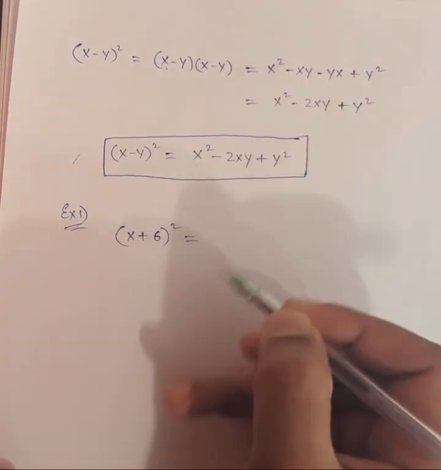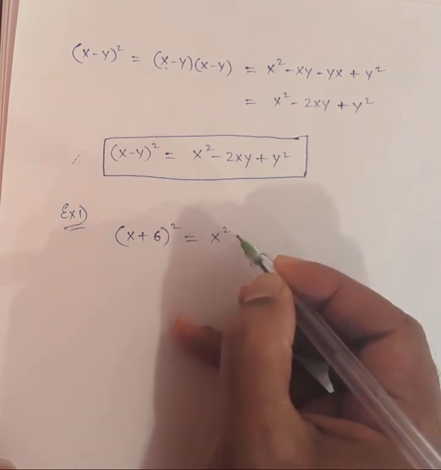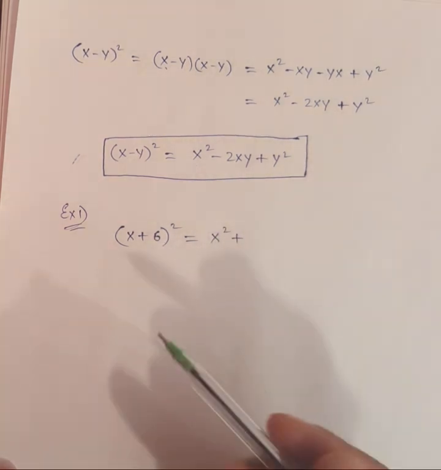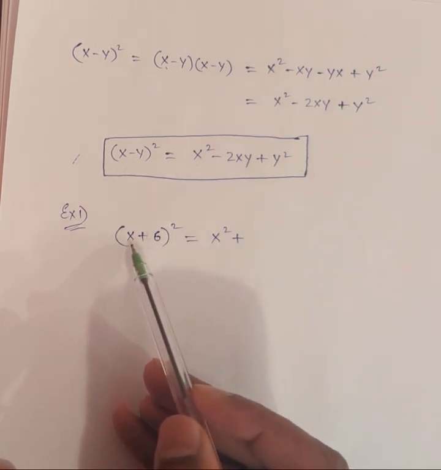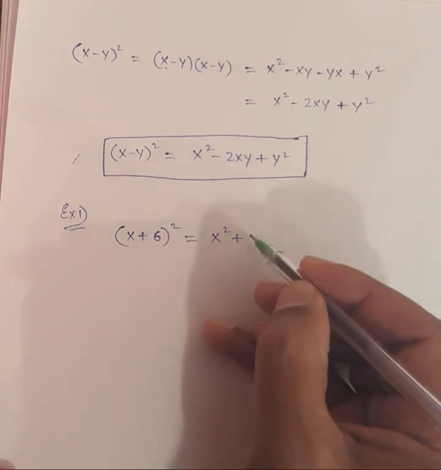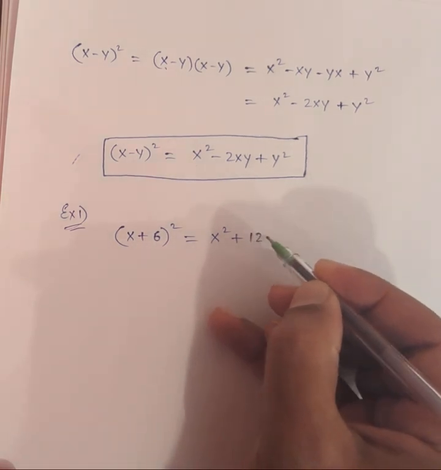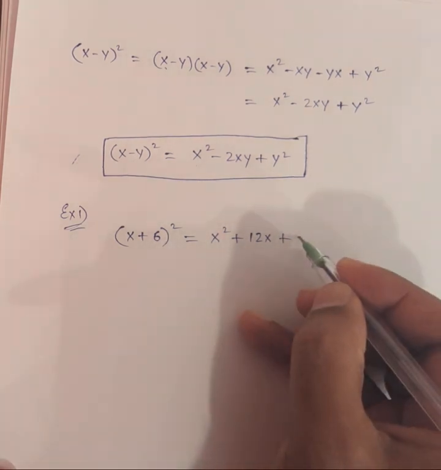So how are you going to expand this? Well, it's going to be x square. Now you remember it was 2xy, which means you multiply these two, which is 6x, but you have to double it. So it's going to be 12x plus 6 square is 36.